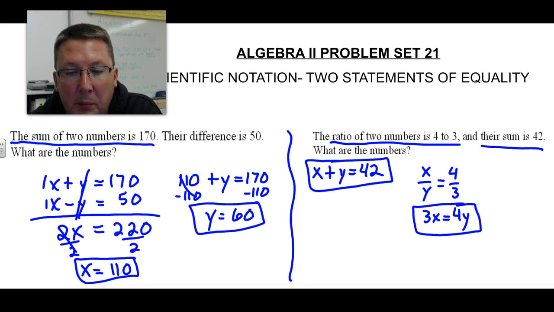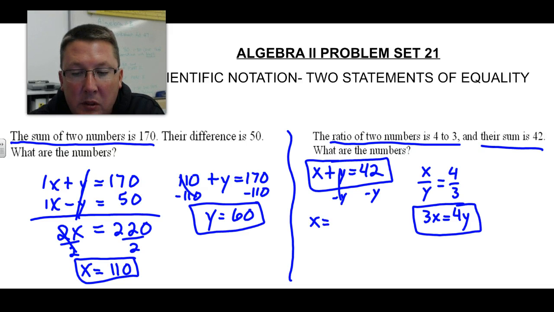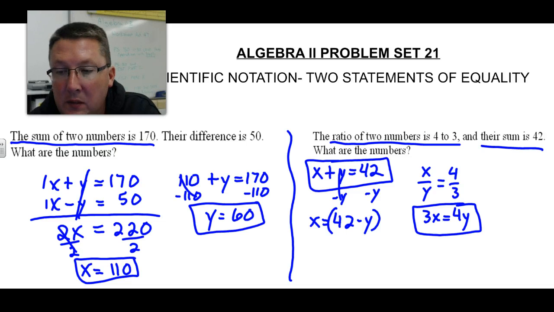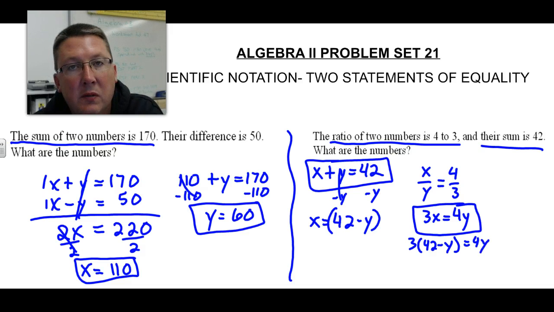So on the top equation, the x plus y equals 42, if I were doing the problem, I would subtract y from both sides, and I have x equals 42 minus y. So then my substitution process, I'm going to plug that in for x in the other equation. So take out x, plug in 42 minus y, and now I can solve this for y.